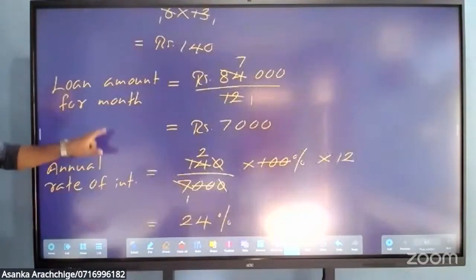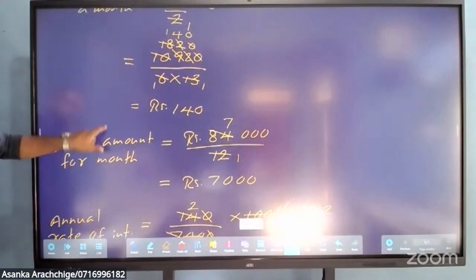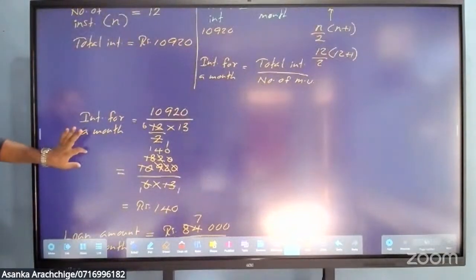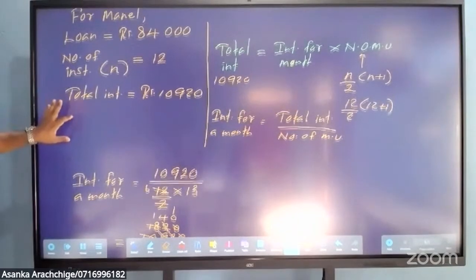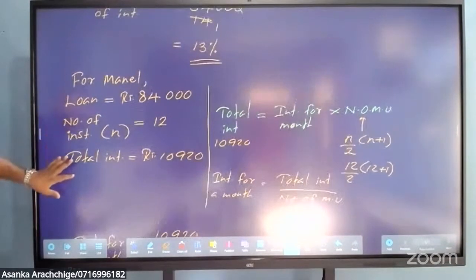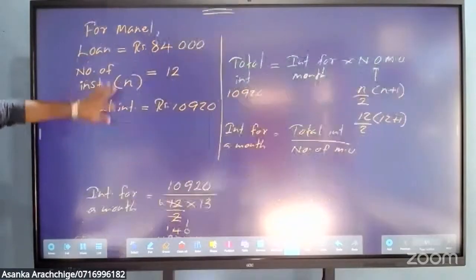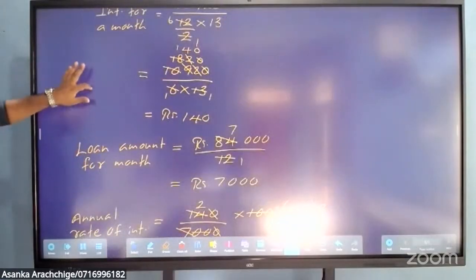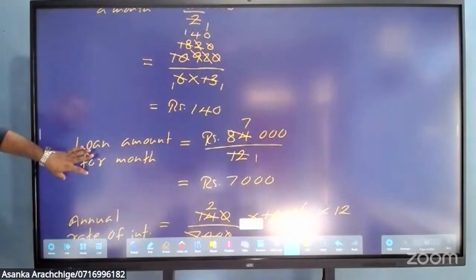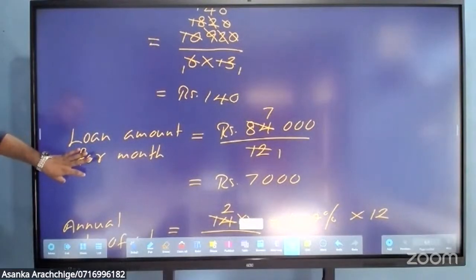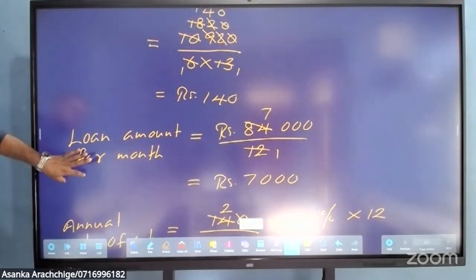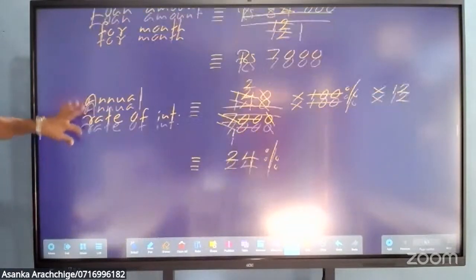What was the annual rate charged by the financial company? 13%, and this is 24%.